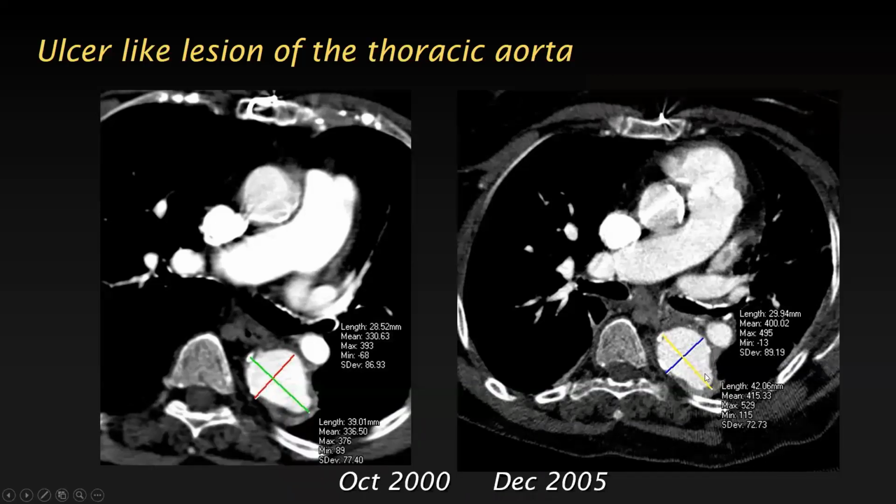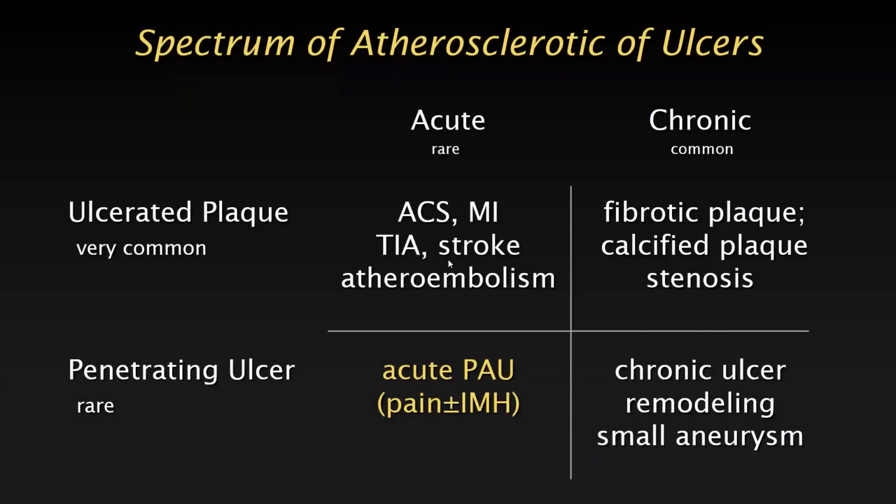So this is how atherosclerotic ulcers, penetrating atherosclerotic ulcers, aortic remodeling, and AAAs or thoracic aortic aneurysms are related. It's all a manifestation of chronic long-standing atherosclerosis. So again, not all of these ulcers are necessarily penetrating atherosclerotic ulcers.